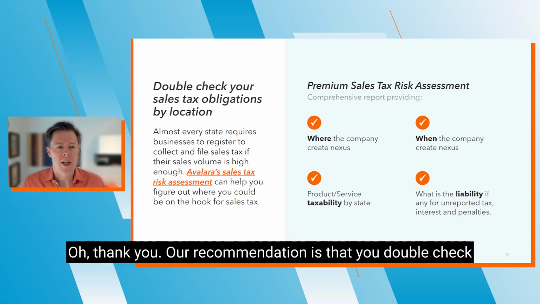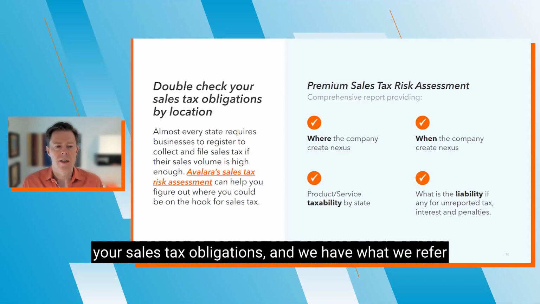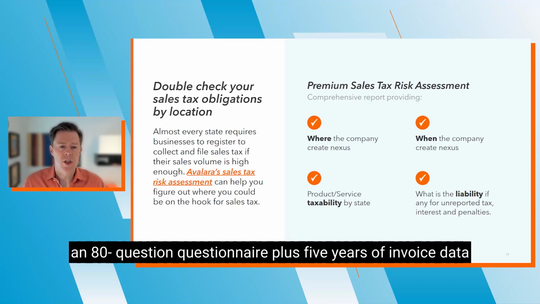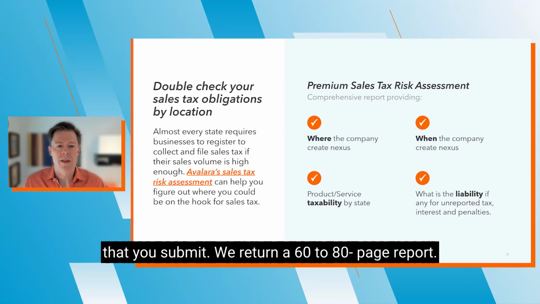Our recommendation is that you double check your sales tax obligations. We have what we refer to as a premium sales tax risk assessment. It's about an 80-question questionnaire plus 5 years of invoice data that you submit. We return a 60 to 80-page report.